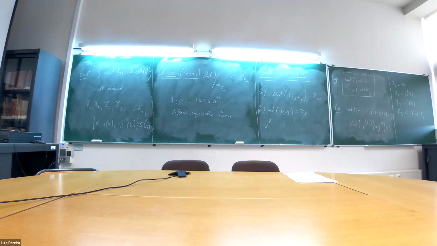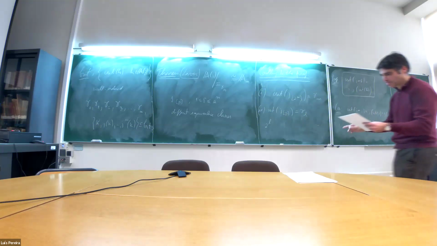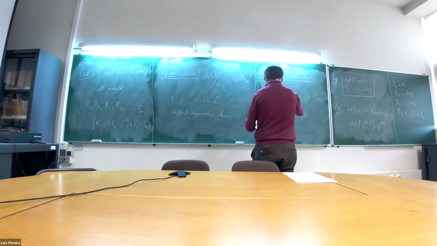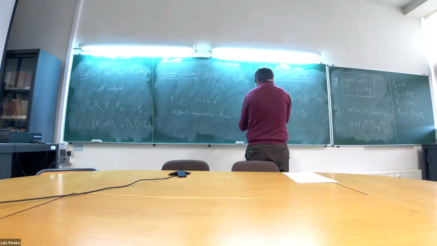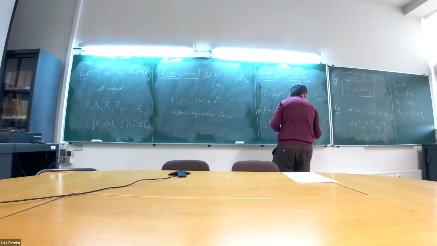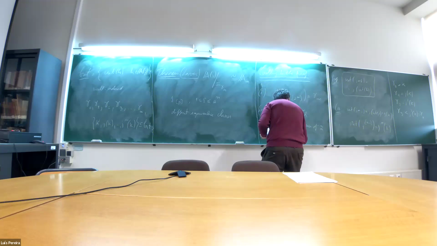I'm going to write it on this board, but I'll first say the critical point of this is gamma_L, where 2 to the L is the greatest power of two that divides p.